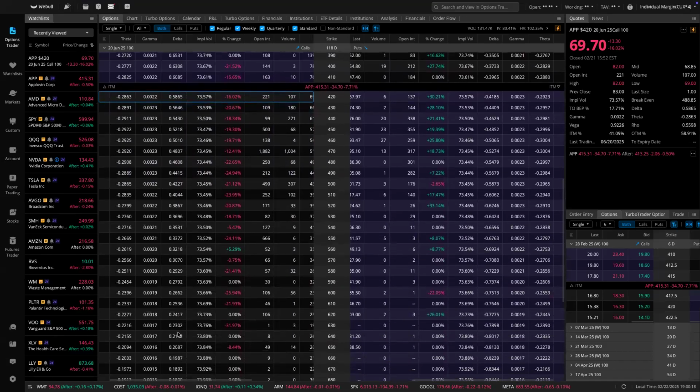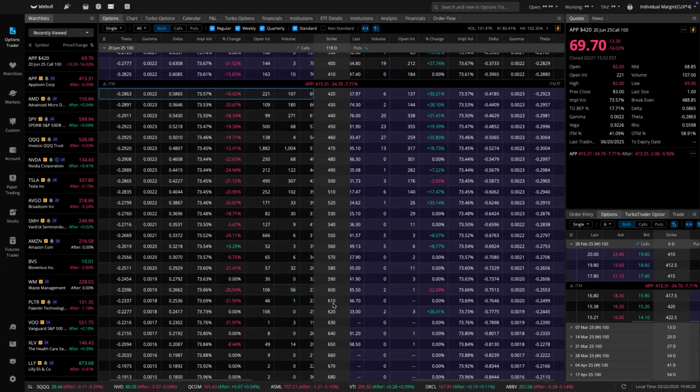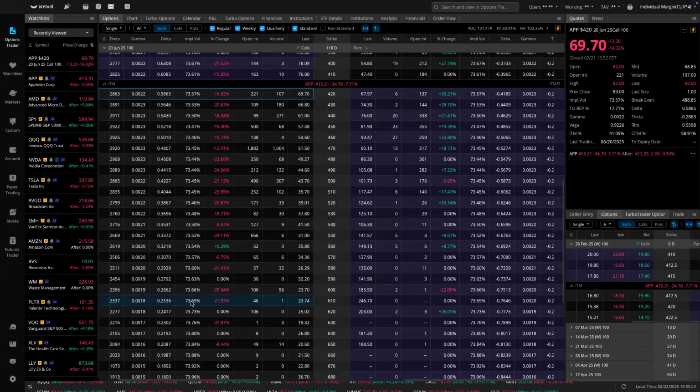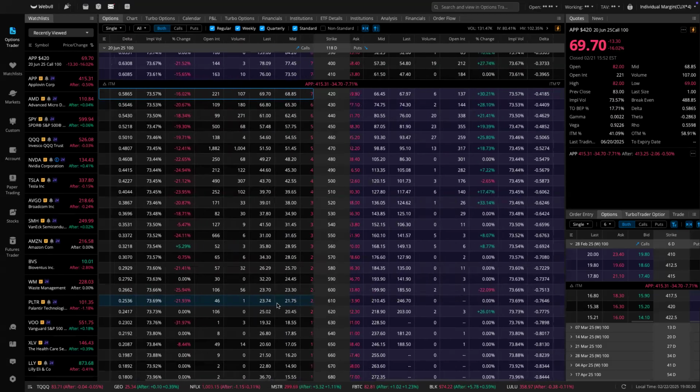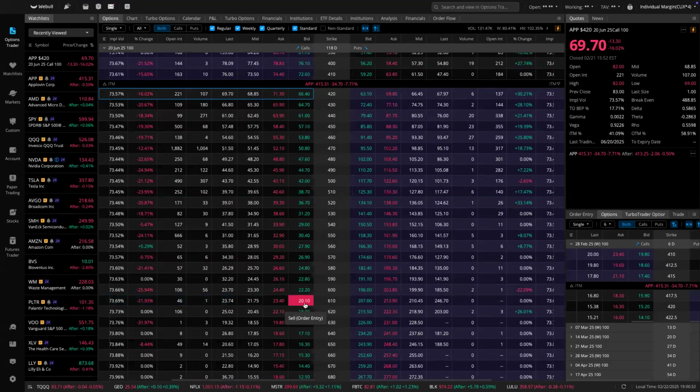For example, if I went over here and bought this 610 call, and I'm only getting a delta of $25, that means every time it moves by $1, I'm getting $25. But guess what? I'm risking $2,000 to make $25 per contract. Is that smart? And guess what? I'm way out of the money.